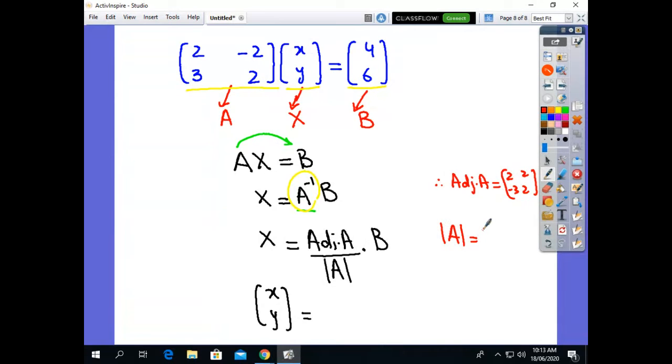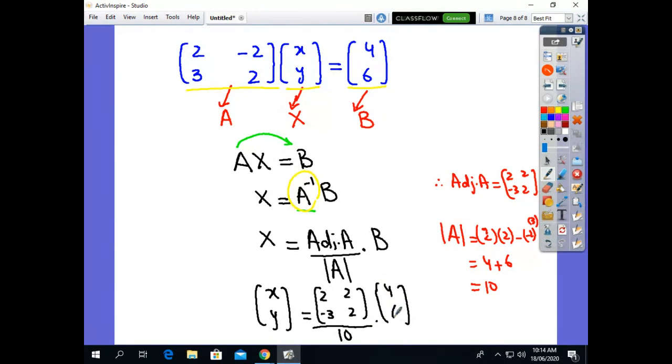Determinant of A is 2 multiplied with 2, negative 2 multiplied with 3, that is 4 plus 6 becomes 10. Now replace all these values. Instead of adjoint of A, it becomes 2, 2, 2 and negative 3. Instead of determinant of A, it's 10. Instead of matrix B, it's 4 and 6.